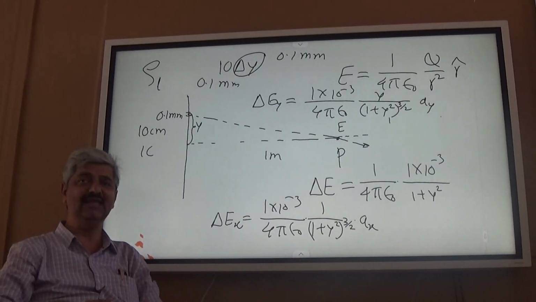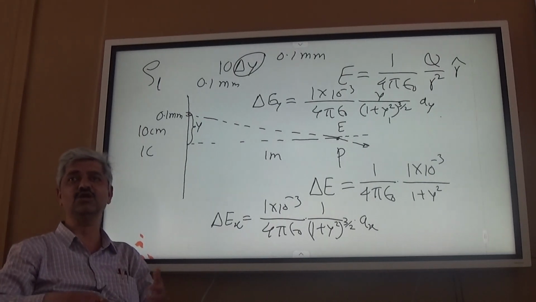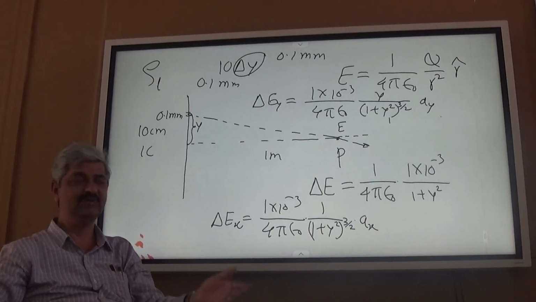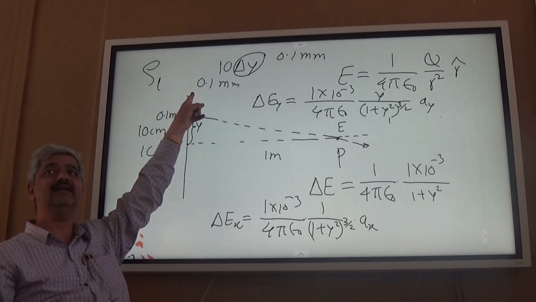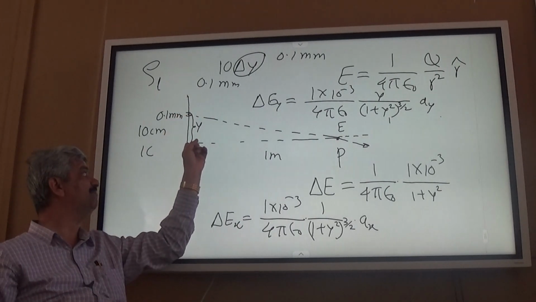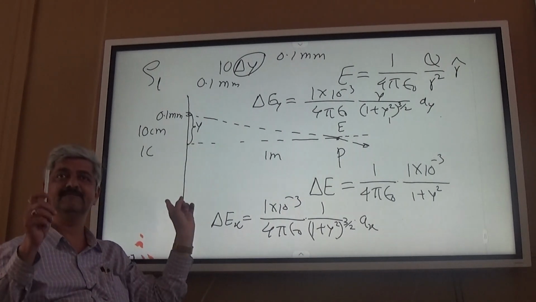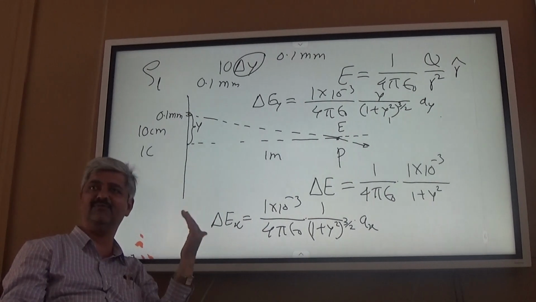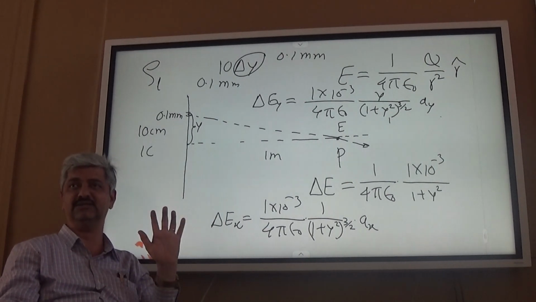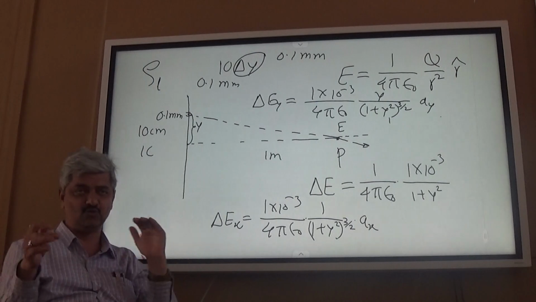So total E will be because of all these. That means we get E1 to E500, and from below E501 to E1000. So vectors would be added.